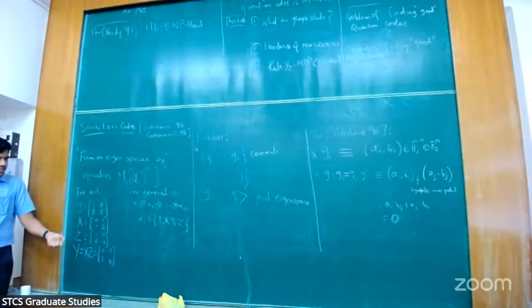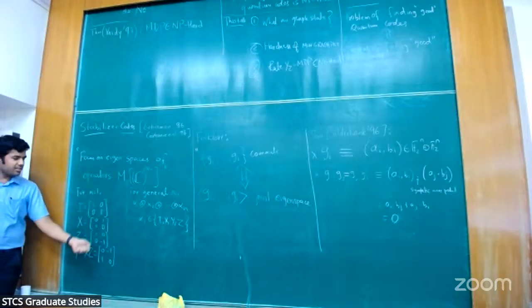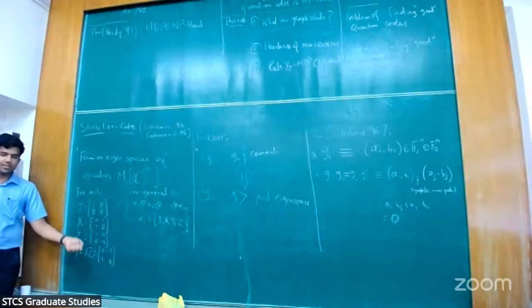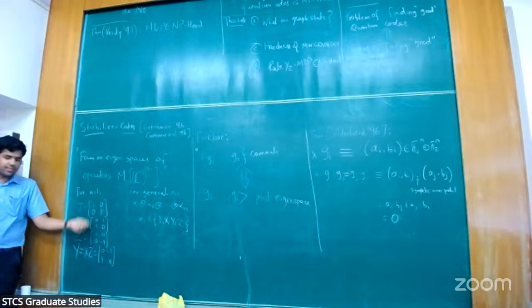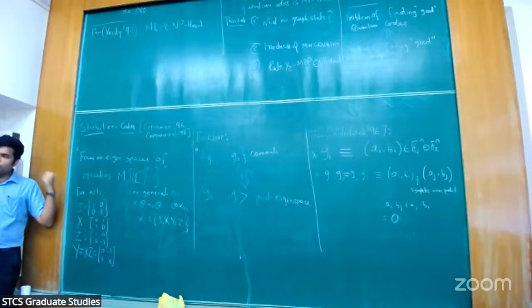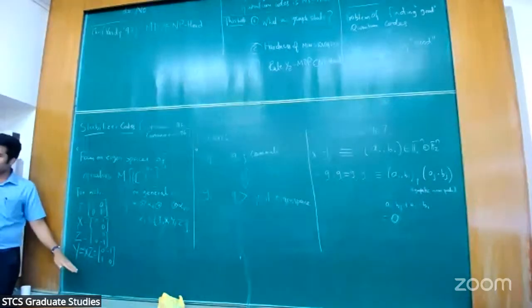One reason why this set of operators is considered interesting is because they form a basis of your linear space of operators acting on a single qubit: all your 2 cross 2 matrices can be written as a linear combination of these.